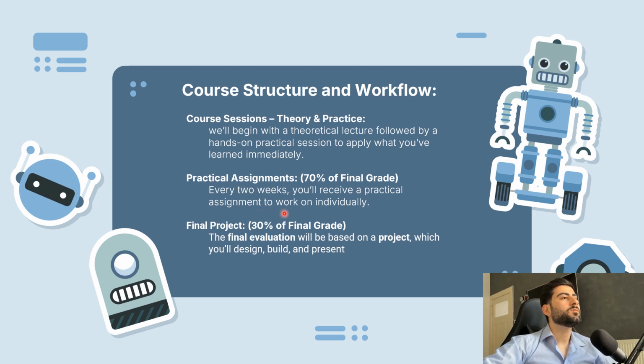Every 2 weeks you will receive a practical assignment to work on individually, which is a maximum of 3 or 4 projects. 30% of your final grade goes to your final project, and the final evaluation will be based on a project which you will design, build, and present. If you have any other questions about this part, you can email me and I will reply.